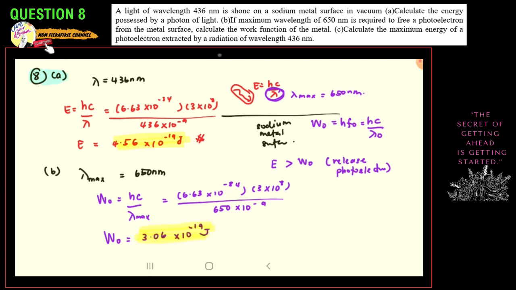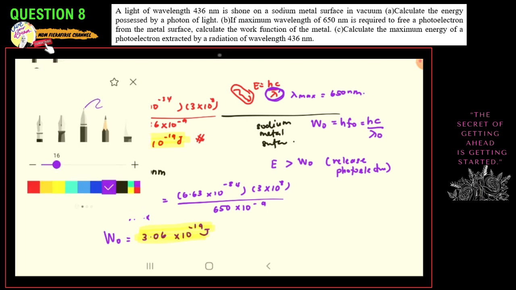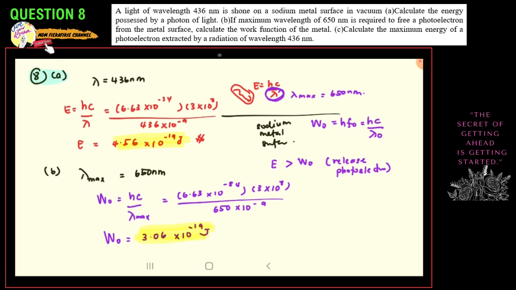Kalau saya suruh awak kira, when lambda maximum is equal to 650 nanometer, berapa nilai energy of the photon? Dia akan sama lah. Energy of the photon, hc over lambda maximum tadi. Awak substitute, awak akan dapat sama, 3.06 exponent negative 19 joule.